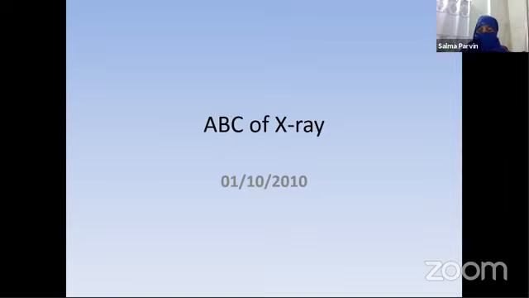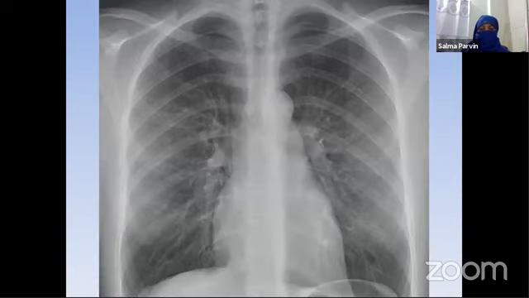Bismillahir Rahmanir Rahim. Alhamdulillah, we are going to start with a very essential topic for the medical sciences, ABC of X-ray. Here, we are going to be concerned with a chest X-ray, basically normal chest X-ray.